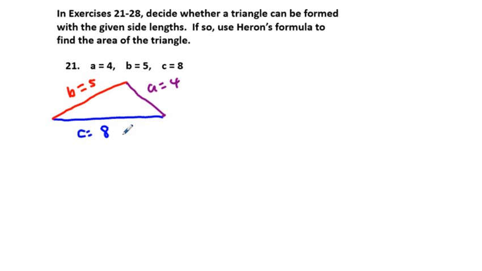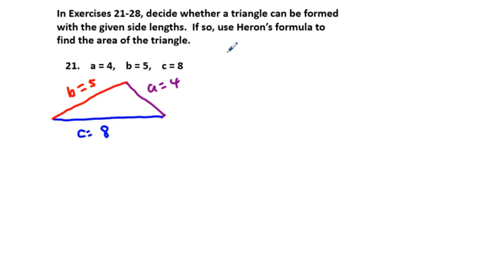Now, the thing we have to look at is if the two short sides are equal to or less than the longest side, we know we don't have a triangle. In this case, we have feasibly a triangle because the longest side, 8, is shorter than side B and A added together, so it means we can get a triangle out of this.